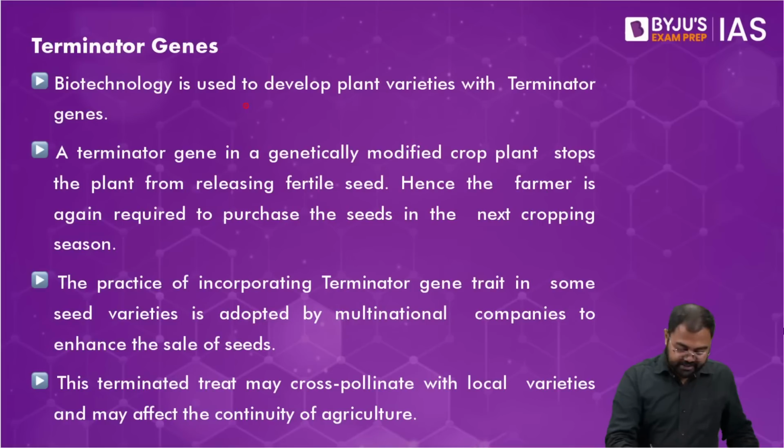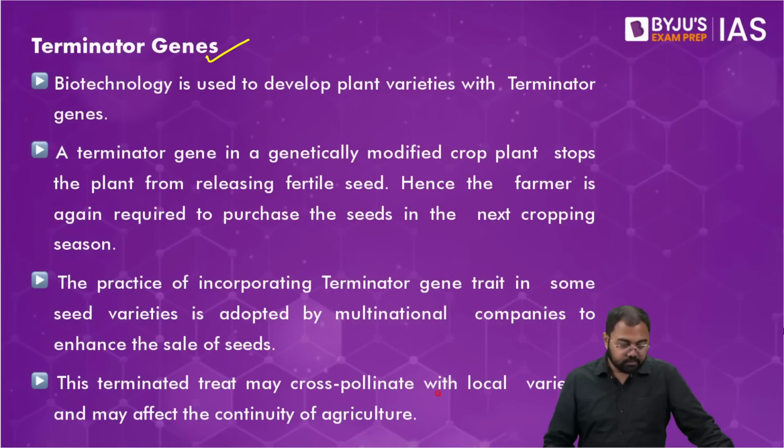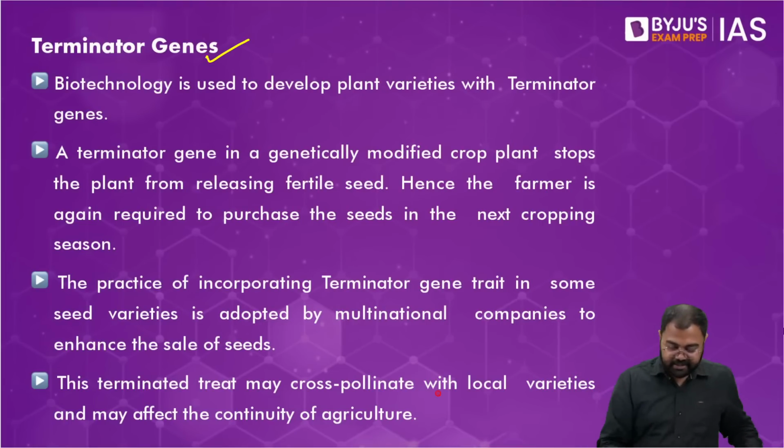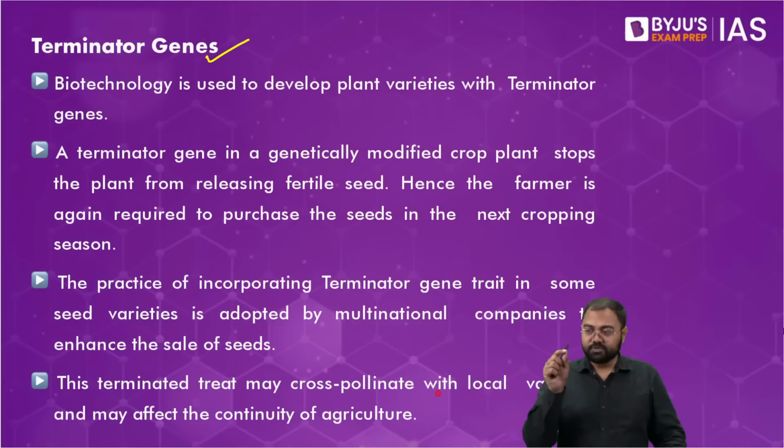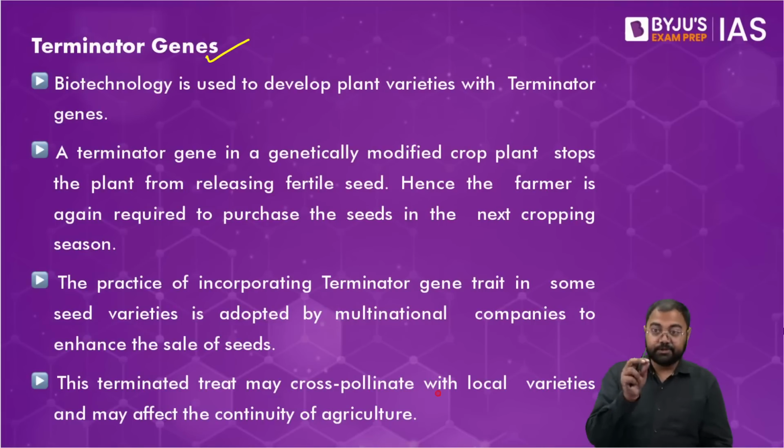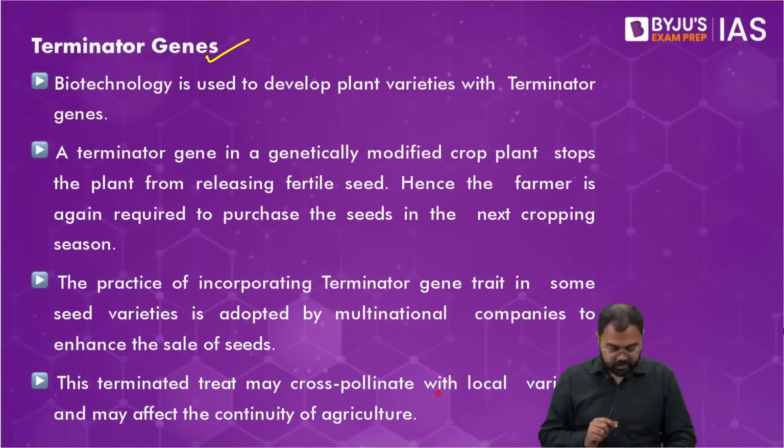Then there is the case of terminator genes. Now terminator genes are special genes which are introduced in the crops, in the seeds, so that seeds germinate only once. All right.